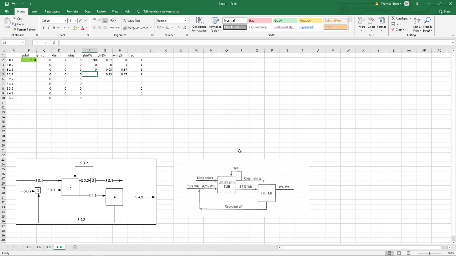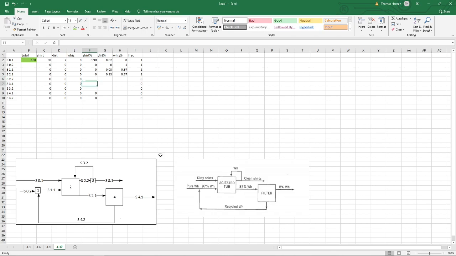If you look at the assignment, you can see that there are some streams where we know there won't be any shirts. So in basically all of the bottom part here, we don't have any shirts in those streams. So we can fill that out for 1, for 2, 2, 1. What else?